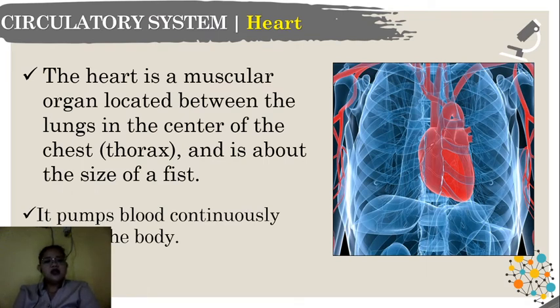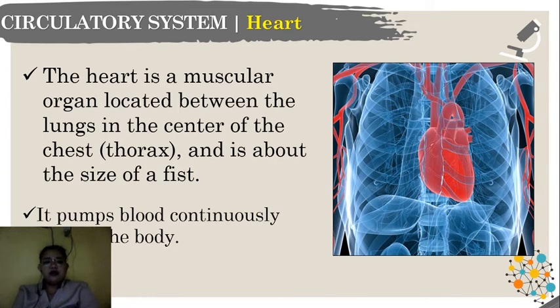Okay. So, heart is described as a muscular organ located between the lungs in the center of the chest or your thoracic cavity, which is tilted going to the left. Kaya nga, nung diniscuss natin yung respiratory system, tinanong ko kayo, bakit dalawa lang yung lobe ng left lung ninyo? That is to give way doon sa function ng heart natin.